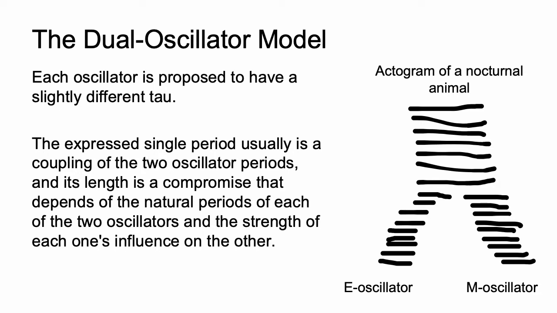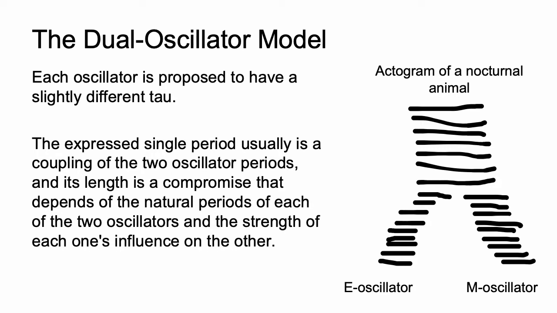So let's take a look here and see if we can break it down and get a better conceptual idea of how the dual oscillator model applies to this, especially the phenomenon of splitting. It's proposed that each oscillator has a slightly different tau. The expressed single period usually occurs from a coupling of the two oscillators. So they're typically coupled, or linked somehow. They're connected, and that keeps them from separating apart.